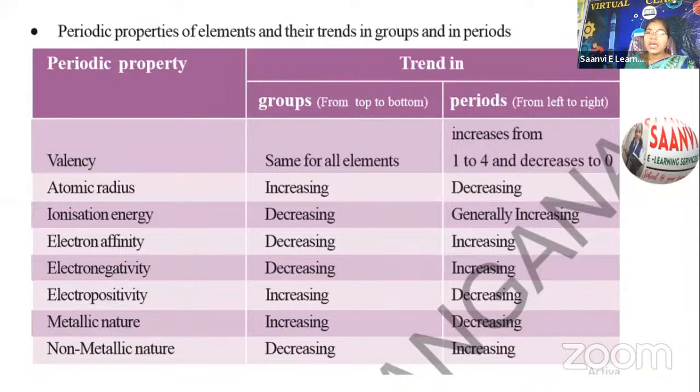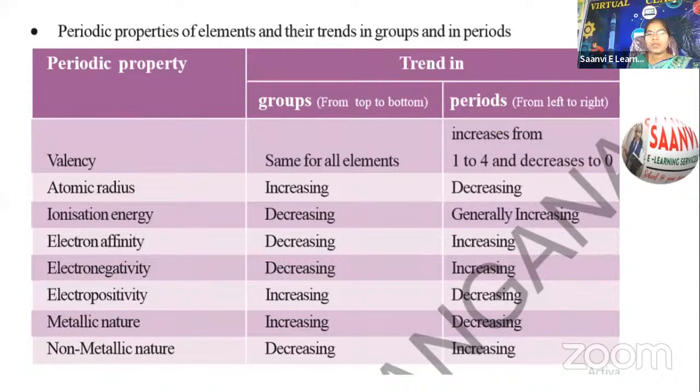In the periods, it increases from 1 to 4 and then decreases to 0. Why? Because the last group elements have fulfilled outer shells, so valency is always 0 in the 18th group.